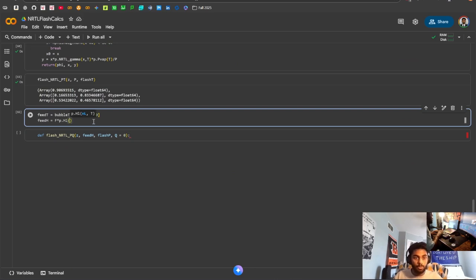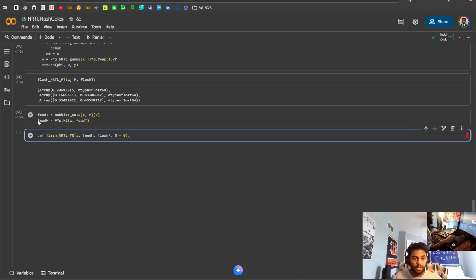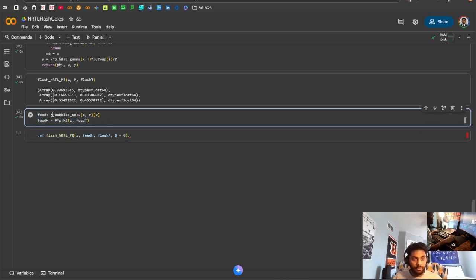We can actually pull the liquid enthalpy of our mixture using our composition and our feed temperature. So this calculation here should give us our feed enthalpy.